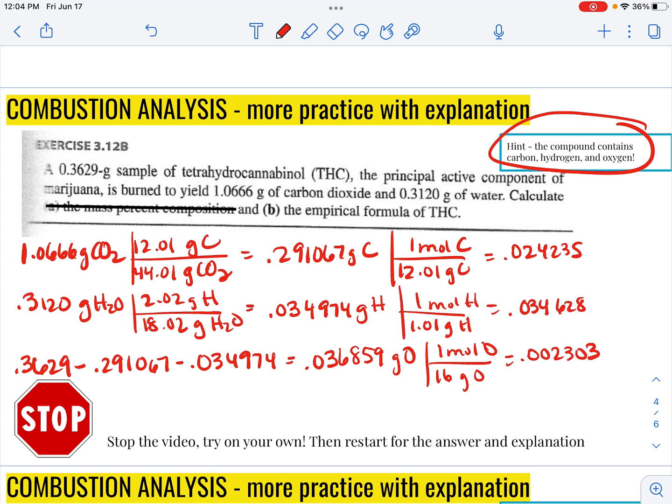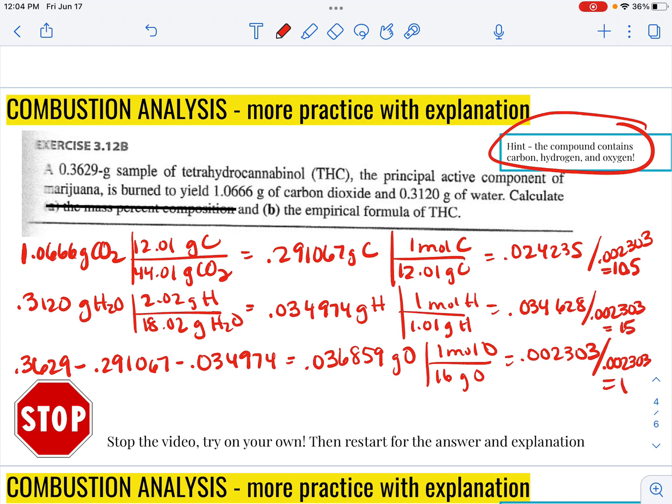And I'm going to divide by the small one, which would be this one, 0.002303. This gives me 1 for oxygen, this gives me, at the top for carbon, 10.5, and this gives me 15.